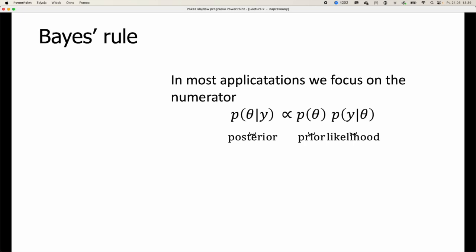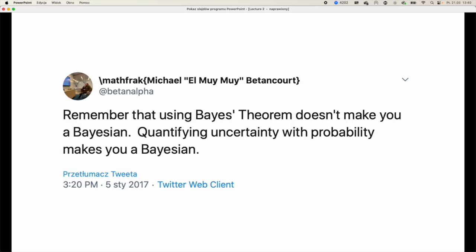And using this numerator, we can actually do a lot. We can do a lot of reasoning in our computation. We will cover exactly how it works in future lectures.